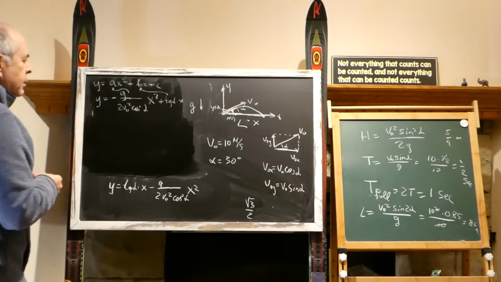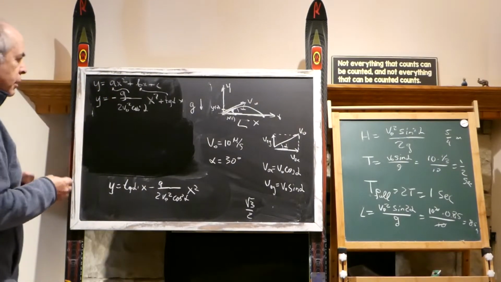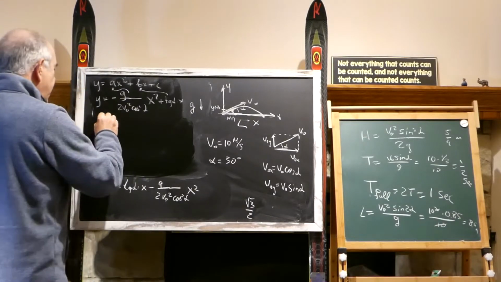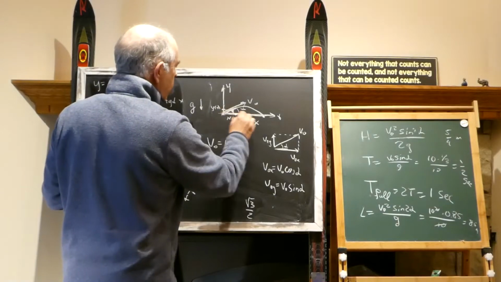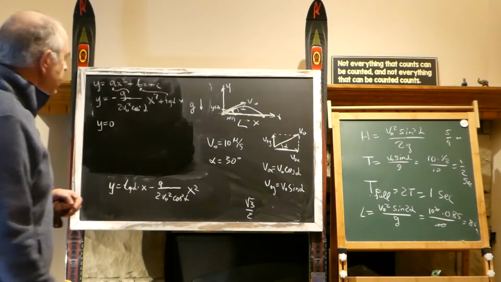And let's find the roots of this parabola. Roots means where y equals 0. And y equals 0 means this point and that point, right?